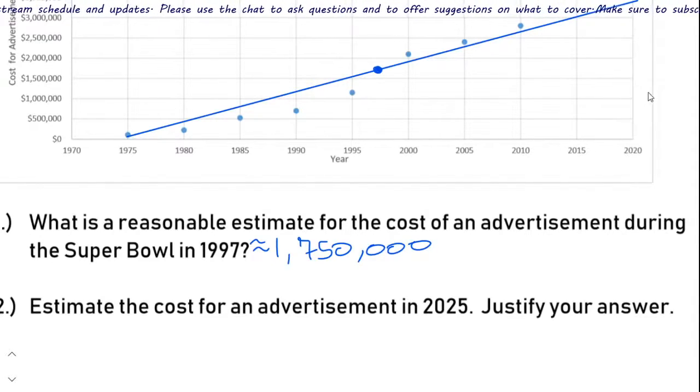Each one of these is about 5, so if this went up another 5, it'd probably be out here. So you could estimate that to be about 3,750,000, I guess. Maybe a little bit less than that. We'll just do about that.